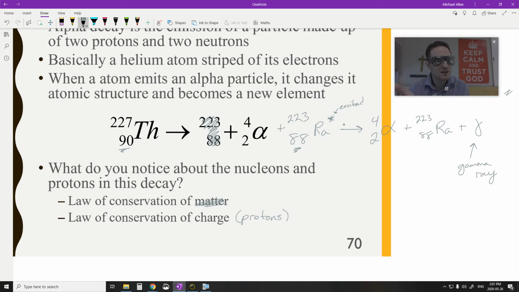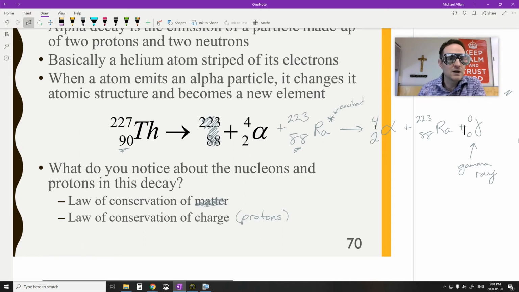Photons always travel at the speed of light because they have no mass. That's very key. If you have no mass, you always travel at the speed of light. Now, based on the little picture above us, it has no charge, so the bottom number is 0, and the top number is 0, so that plays into this as well. So add all the numbers together on the top here, I get 227. So start off with 227, end up with 227.